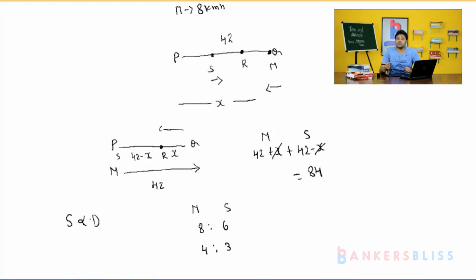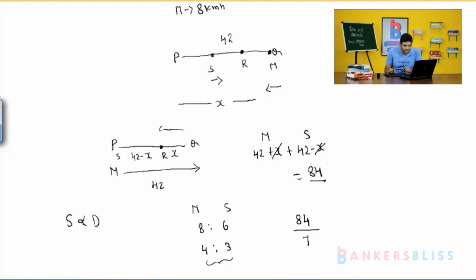If you decrease the speed, you cover less distance. So you can divide this distance among these two people in the ratio 4:3, because the ratio of their speed is 4:3. So 84 has to be divided in the ratio 4:3.